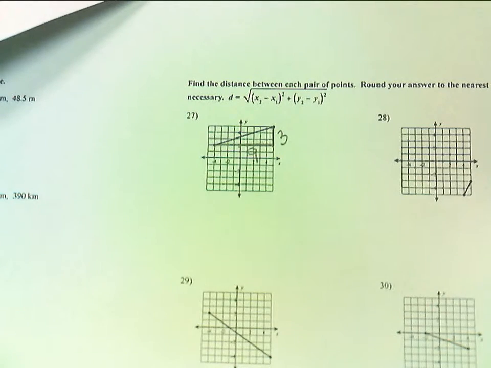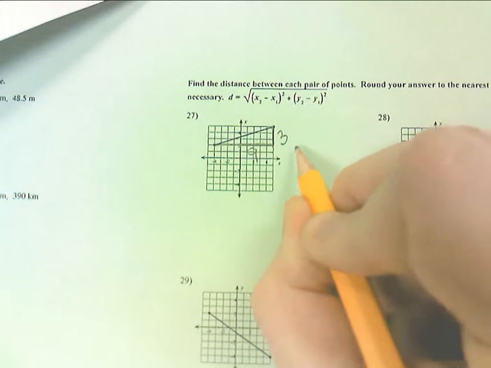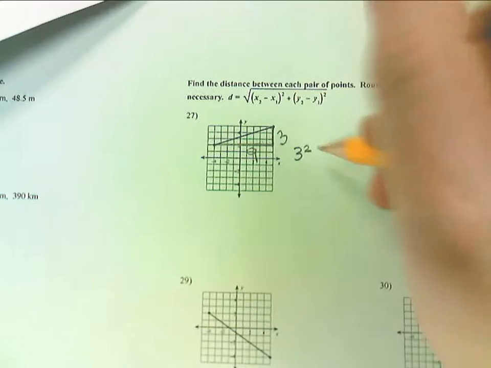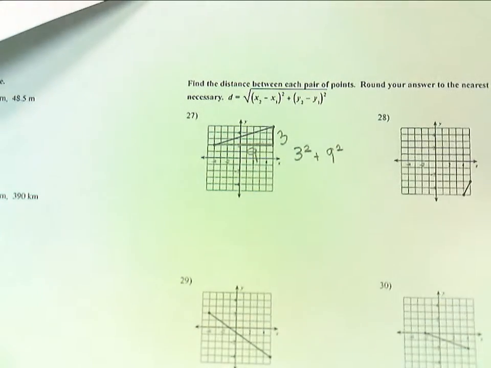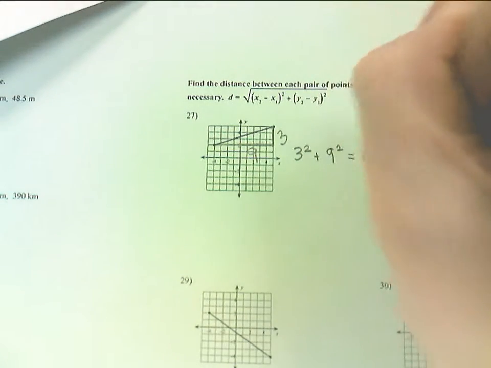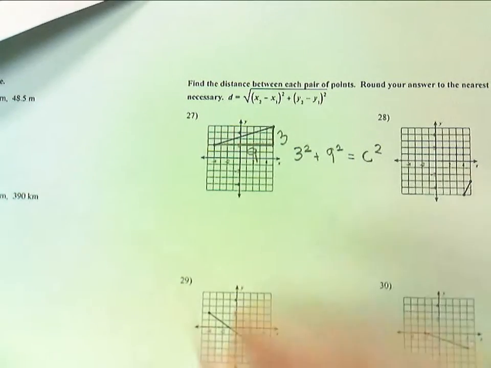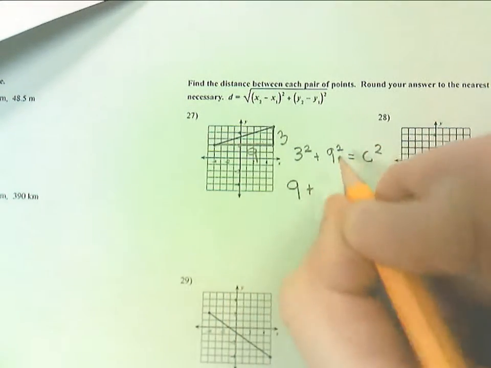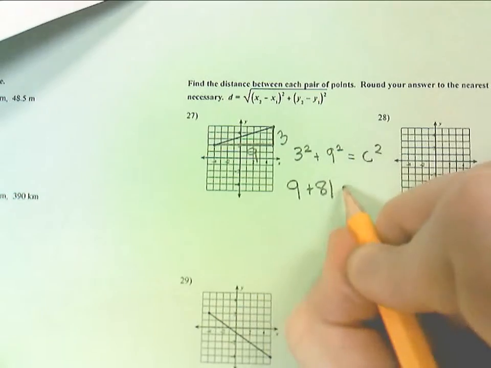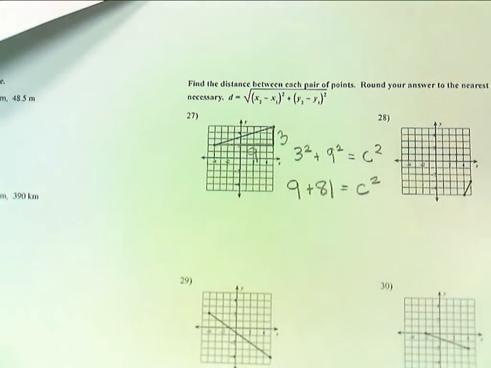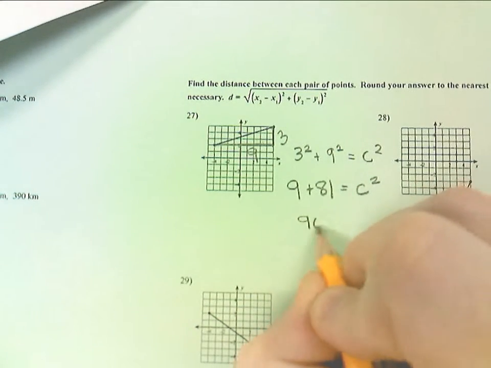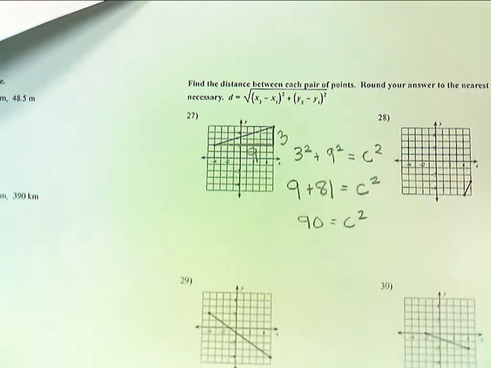We want to find the hypotenuse. So we'll go 3 squared as our A plus 9 squared as our B equals our unknown C squared. 3 times 3 is 9, and 9 times 9 is 81. So 9 plus 81 will be 90 equals C squared. Now don't forget the last step.